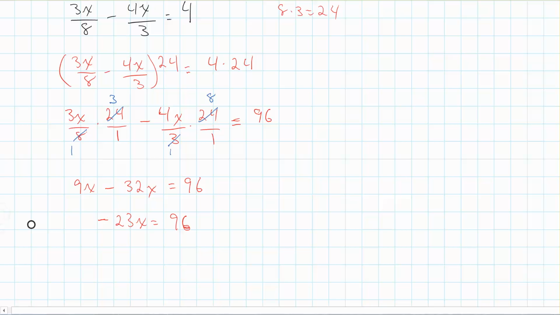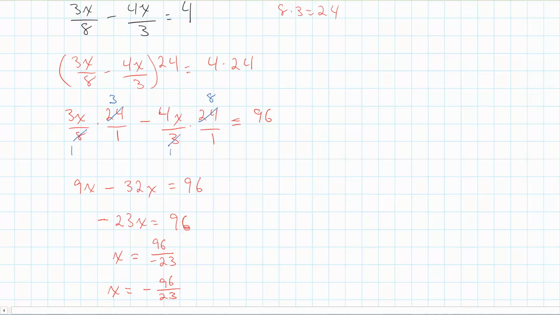And then we would get x is equal to 96 over negative 23, which we could just write as x equals negative 96 over 23.